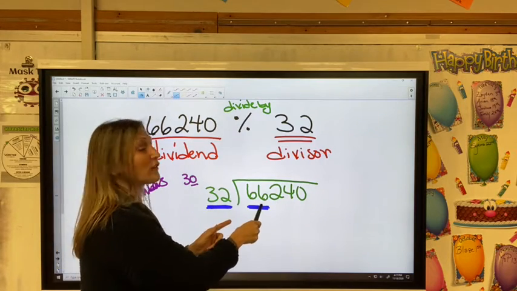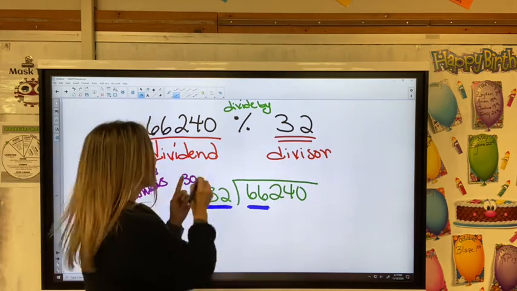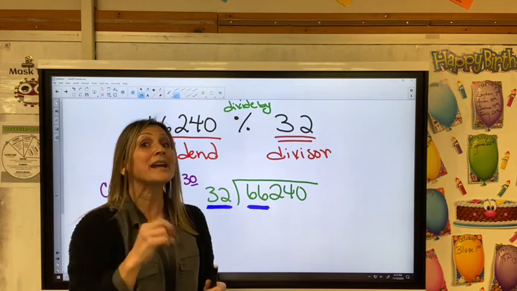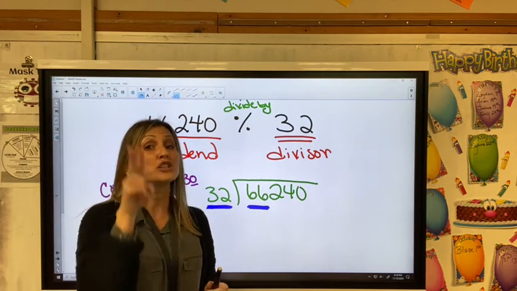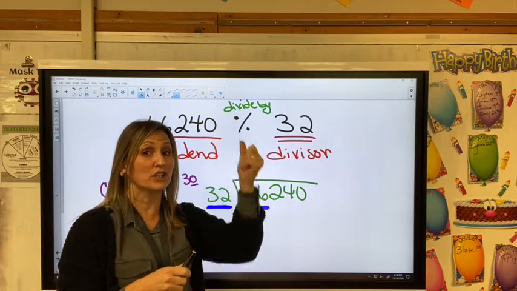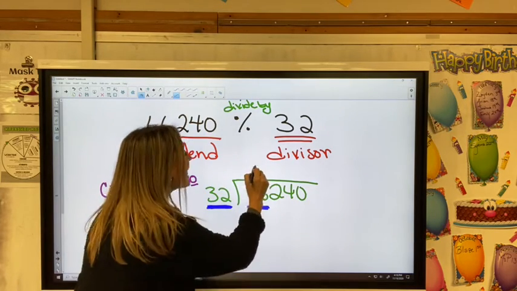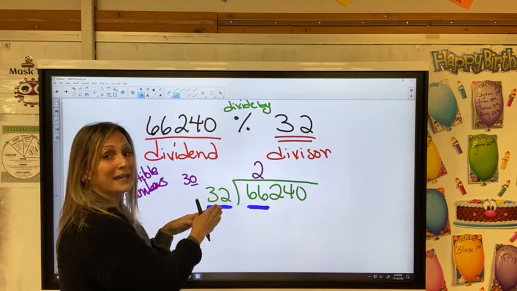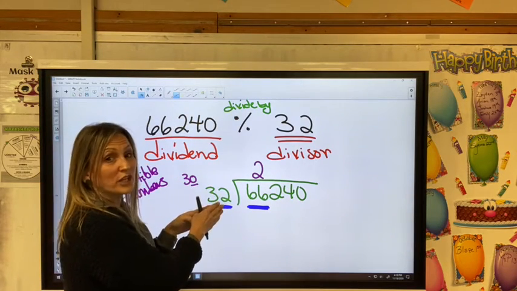And then I'm going to look over here, and that helps me because I know 30 will definitely go into 66, and I know 30 will go into 66 2 times because 30 plus 30 is 60. So I start and I say that 32, because now I'm going to look back at my number. It was originally 32.